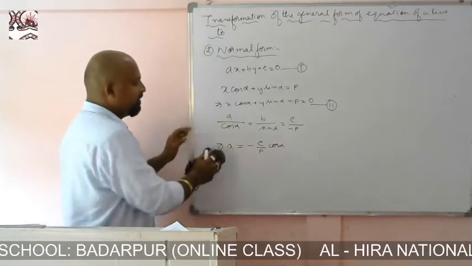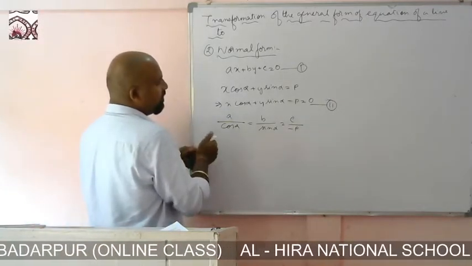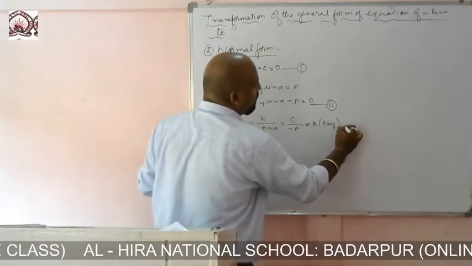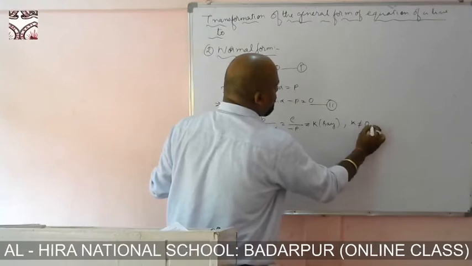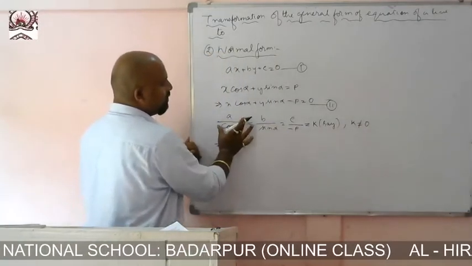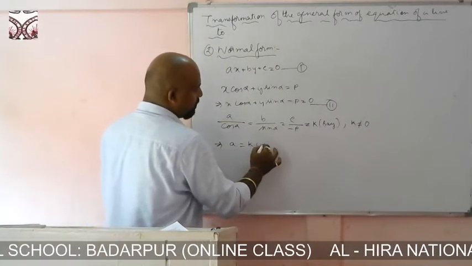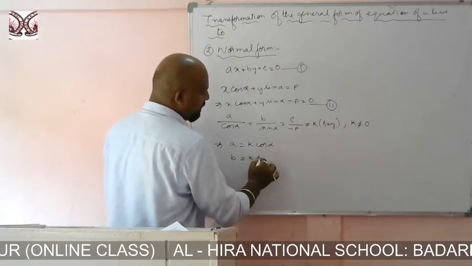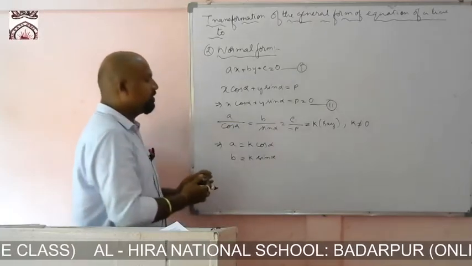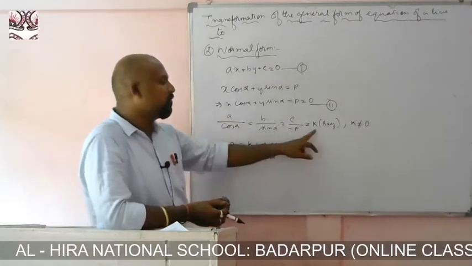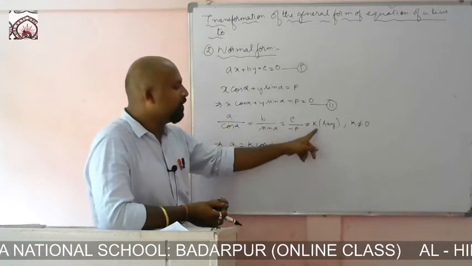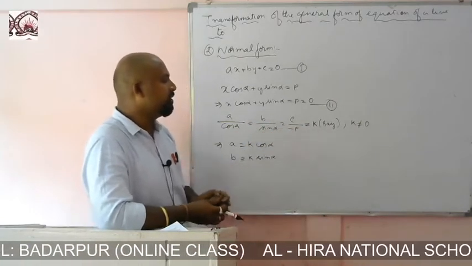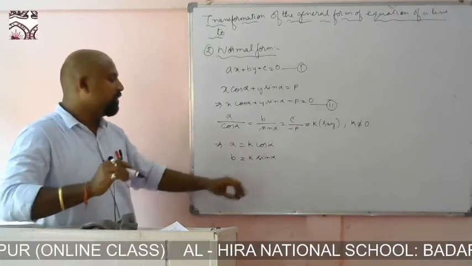Or we can say, if I write a by cos alpha equal to k, where k is not equal to 0, then a equal to k cos alpha, and b equal to k sin alpha. See, a by cos alpha is equal to k, so a equal to k into cos alpha. b by sin alpha equal to k, so b equal to k into sin alpha.